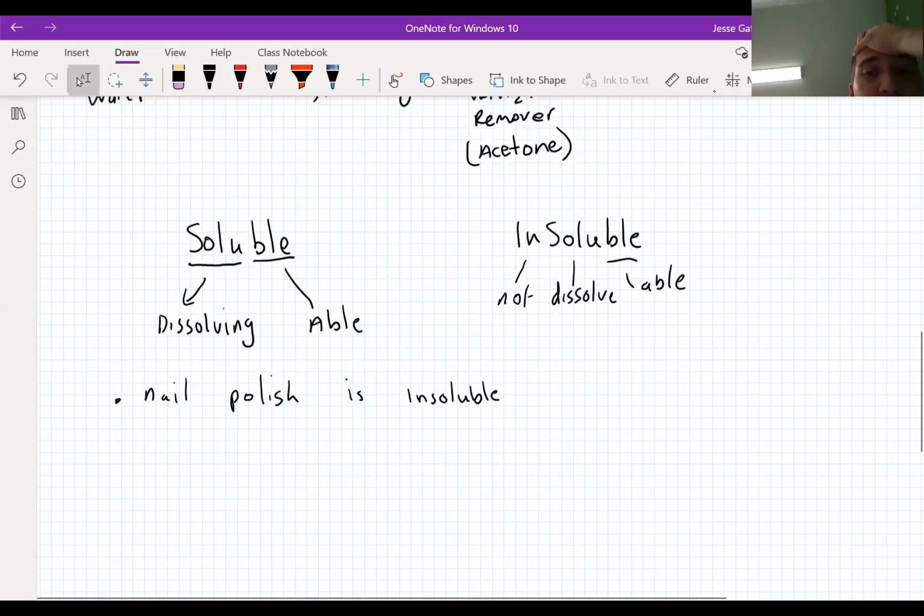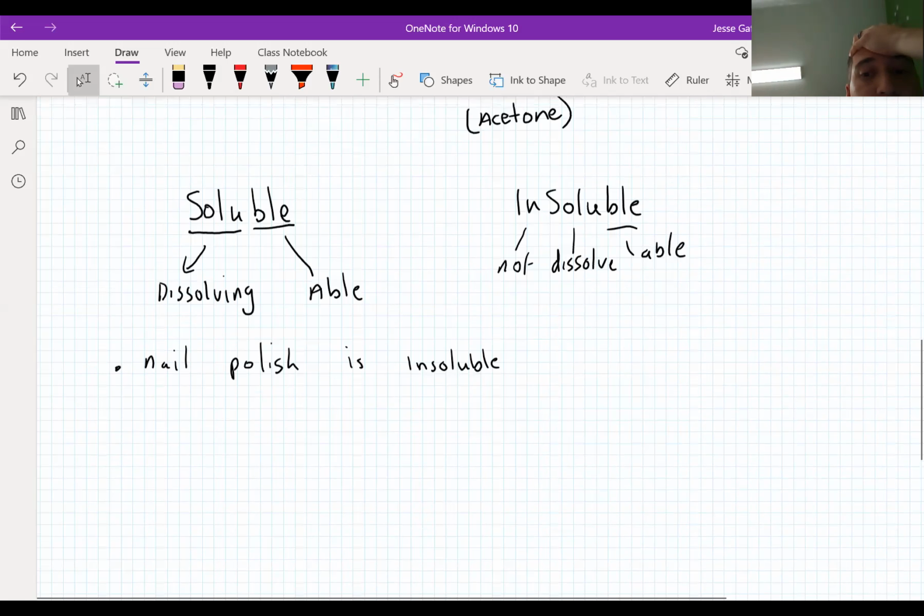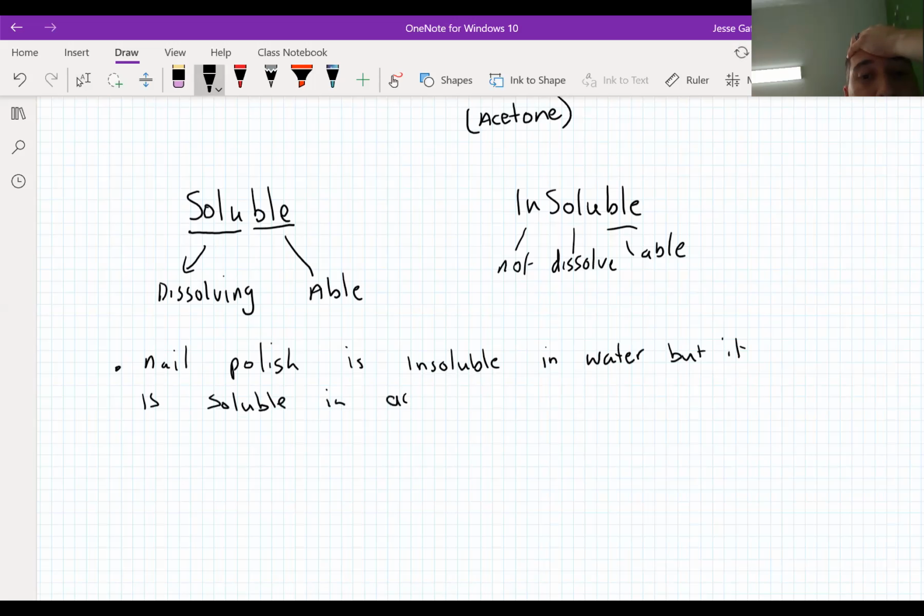Nail polish is insoluble in water, but it is soluble in acetone. Okay, so nail polish is insoluble in water, but it is soluble in acetone.